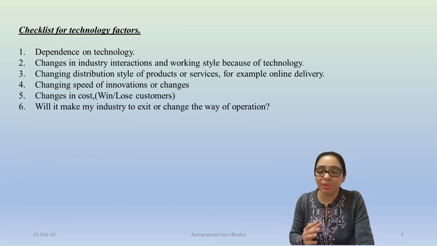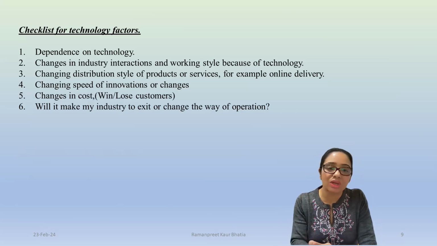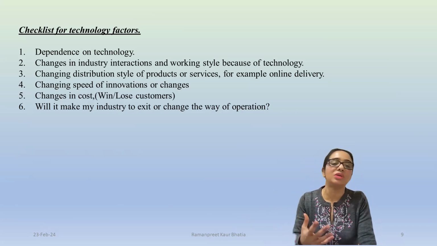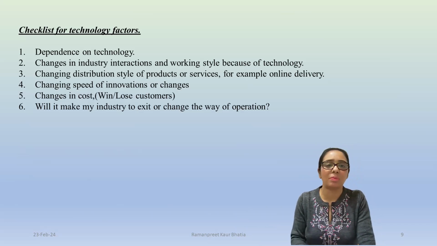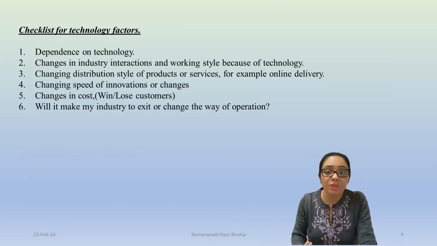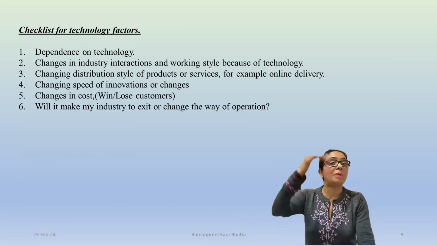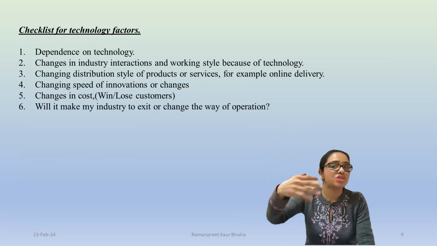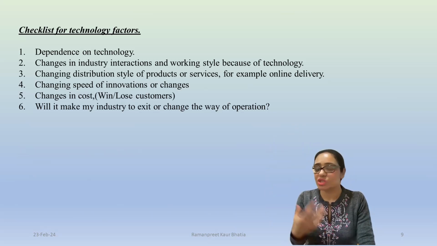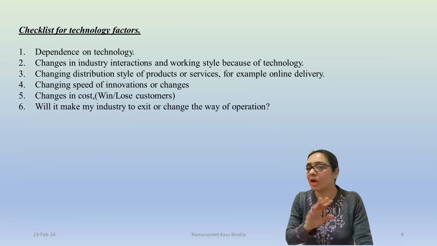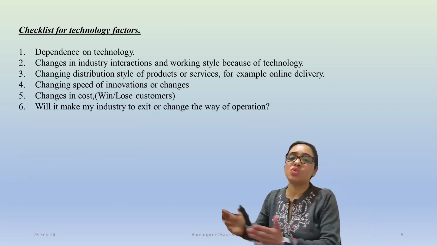If I am able to cope with the changing technology, of course I will remain in the competition. If I learn the new technology, I'll remain in the competition. If I am not able to come to the standards of changing technology or the innovations happening around me, I'll have to exit.